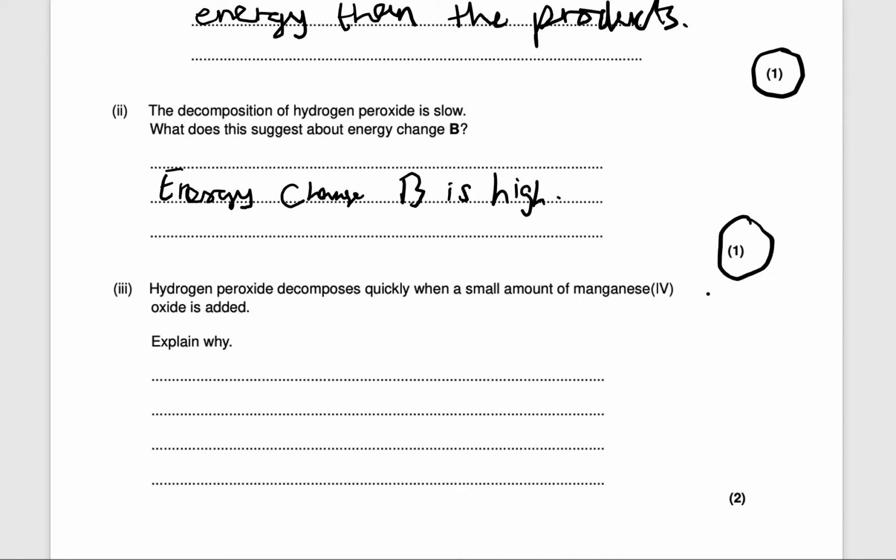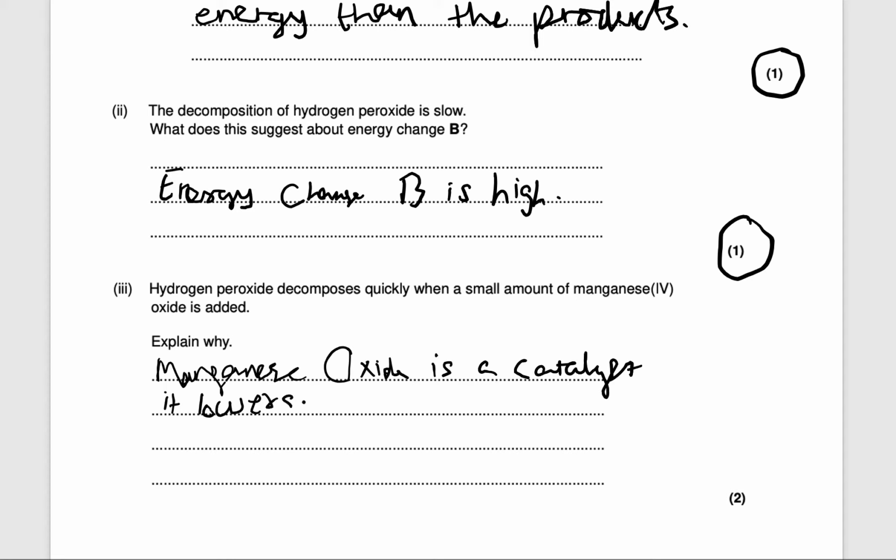Hydrogen peroxide decomposes quickly when a small amount of manganese oxide is added. Explain why. The reason for that is because manganese oxide is a catalyst, and because it's a catalyst, it lowers the activation energy.